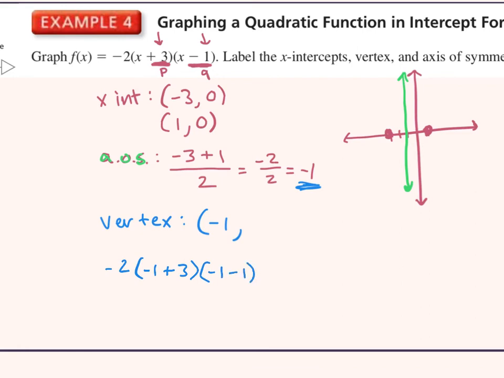So this would be negative 2 times 2 times negative 2. Negative 2 times 2 would be negative 4. Negative 4 times negative 2 would be 8. So our y value in our vertex is 8.